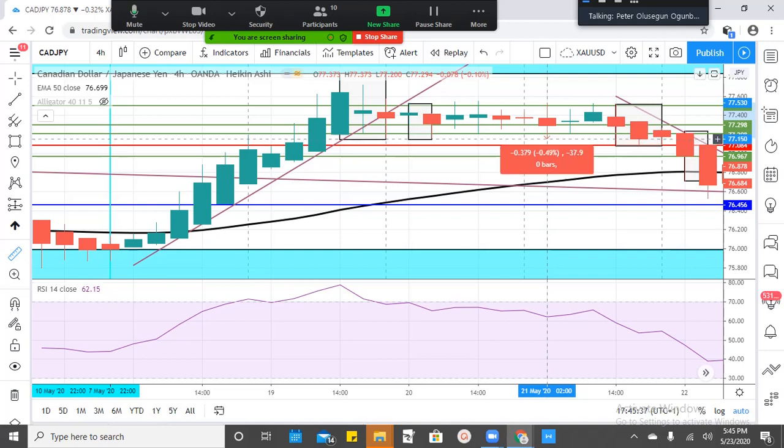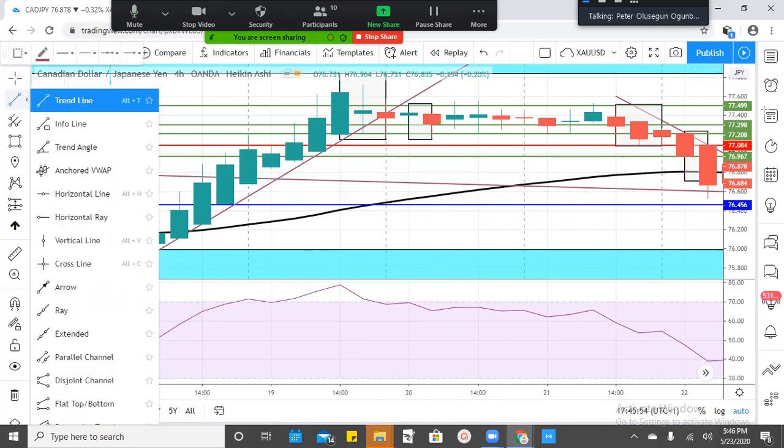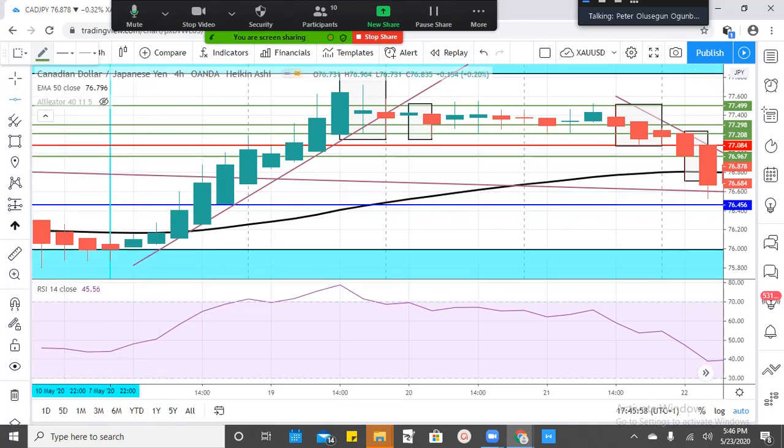Price is at 77150. So if I add 19 pips to that, that would be 77340. So I'm going to look for 77340. Let me pick another color for you to see that. This is 77340.